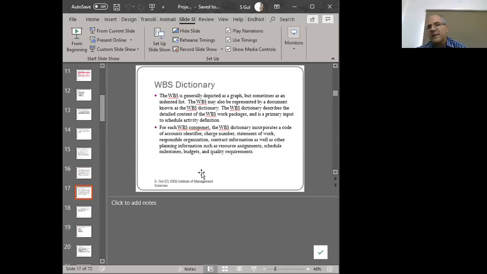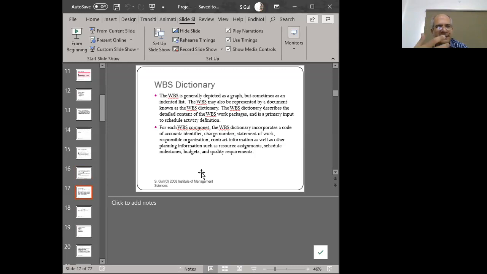Now, along with the WBS, you've got a WBS dictionary. So you have to start filling in that dictionary as well. And the dictionary is going to help a person working on your project to understand what has been assigned to that particular person.